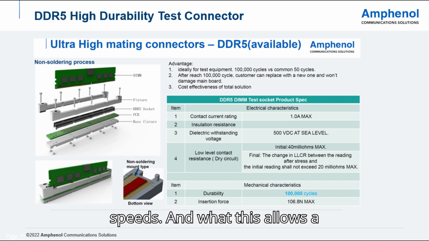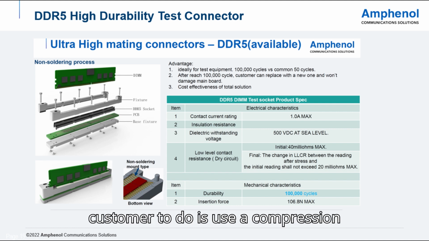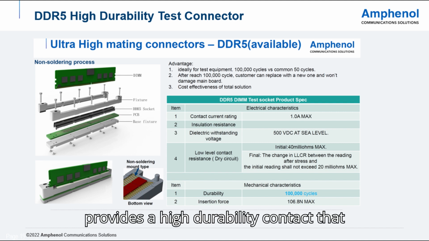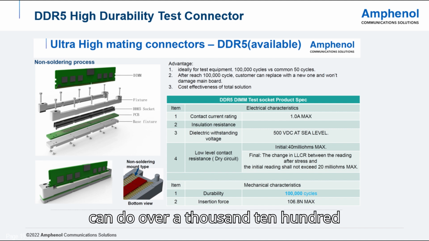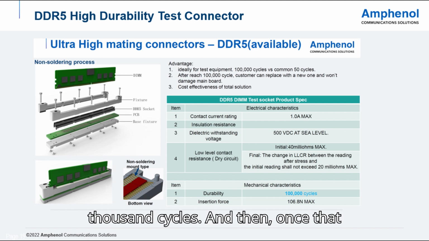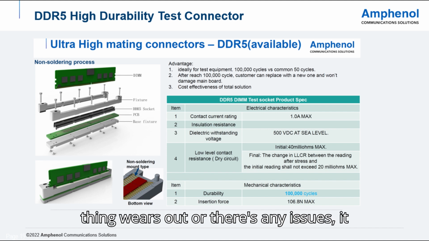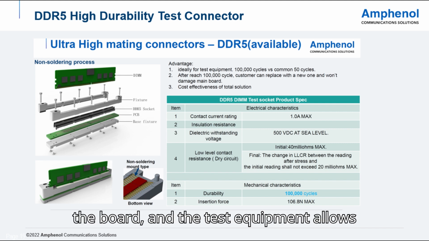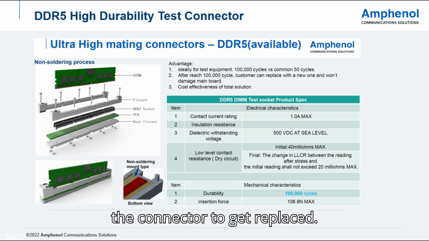And what this allows a customer to do is use a compression interface on their main test unit. And it provides a high durability contact that can do over 100,000 cycles. And then once that thing wears out or there's any issues, it can be unscrewed, lifted right off the board, and the test equipment allows the connector to get replaced.